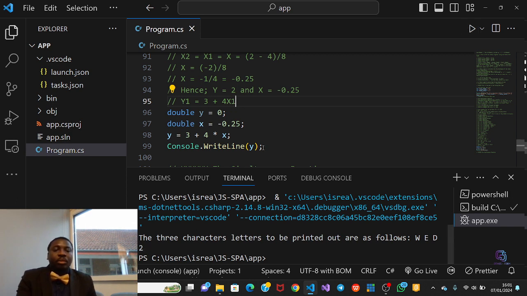We got 2. So I'm going to print it out in a very nice way. Now I'm going to put the variable.